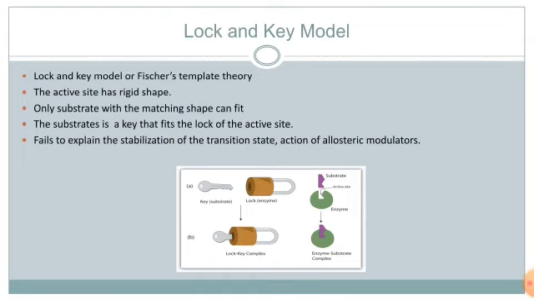This model does not give any scope for the flexible nature of enzymes. Hence, the model totally fails to explain many facts of enzymatic reaction, and most importantly, the effect of allosteric modulators.